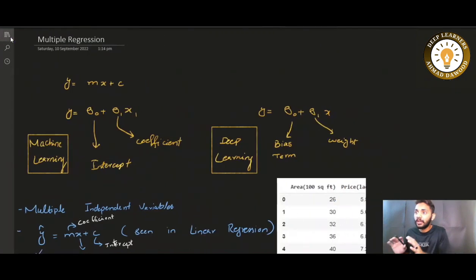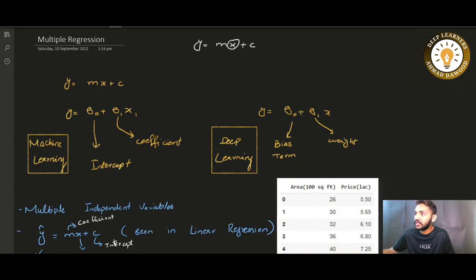So till now we have seen linear regression in which we are discussing just one independent variable. Here we are seeing the equation mx plus c, in which there was just one independent variable. Why are we using it?